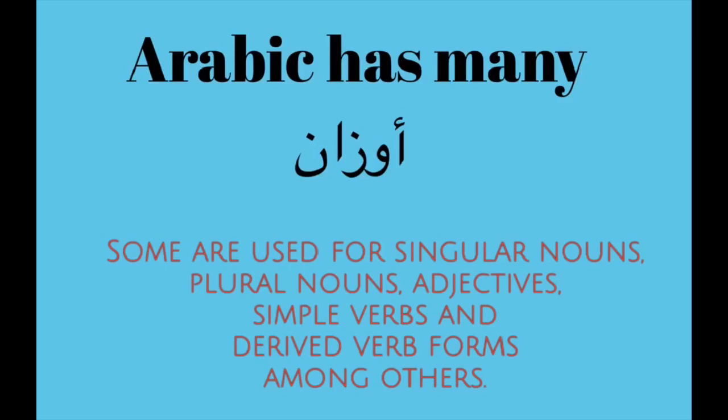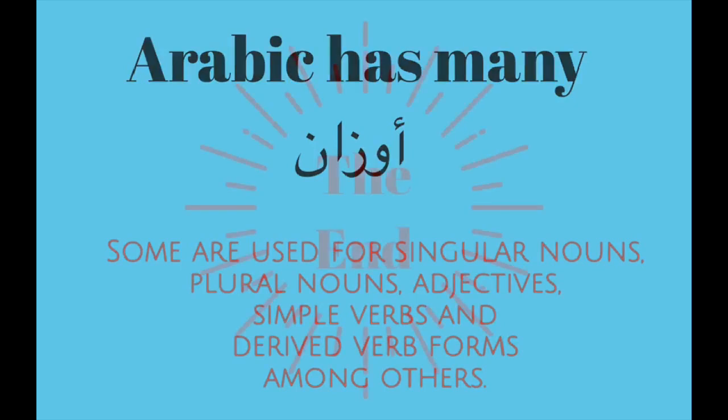Some are used for singular nouns, some for plural nouns, some for adjectives, others for simple verbs, and others for derived verb forms, among other forms. By studying these ozan, you'll be able to determine what form of a word you have in front of you, which will help you to vowel it correctly.